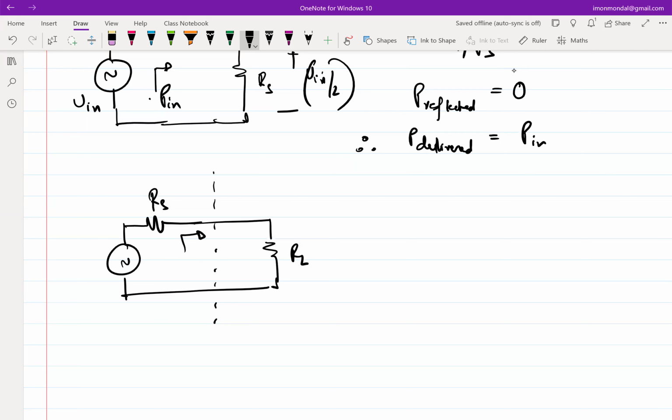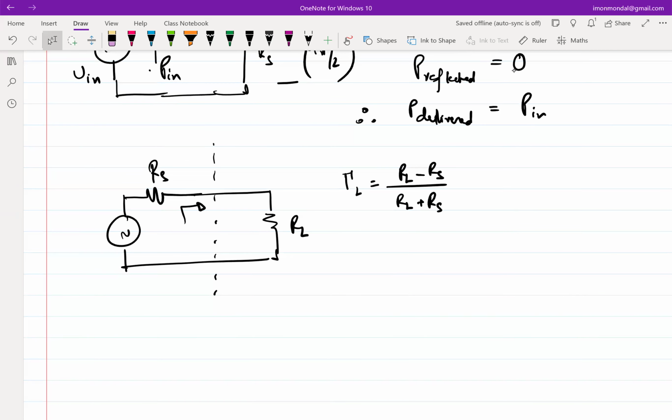So if that is the case, I want to find out what is the power delivered in terms of reflection coefficients. Okay, we understand what reflection coefficient is, right? We know that your gamma L is RL minus RS by RL plus RS, right? I want to express the power delivered in terms of reflection coefficient.